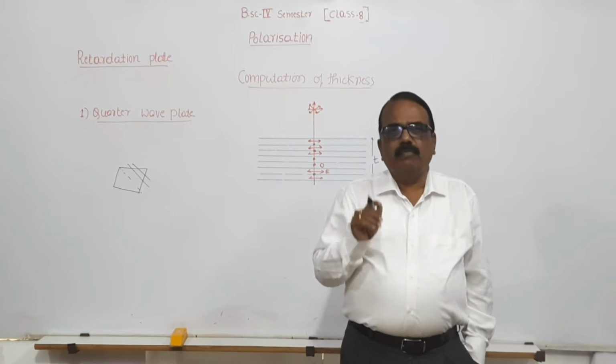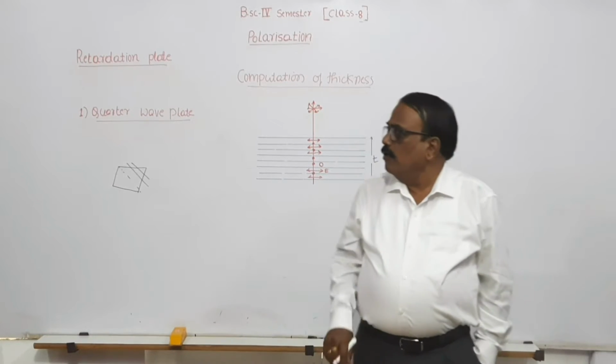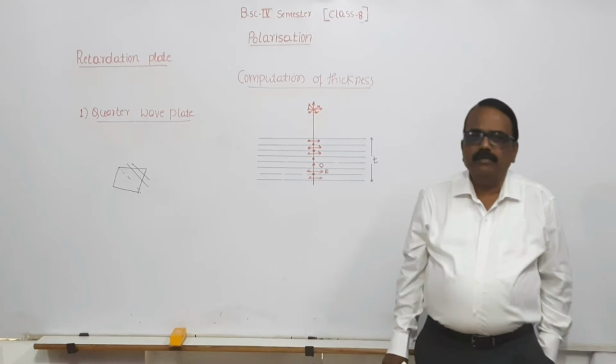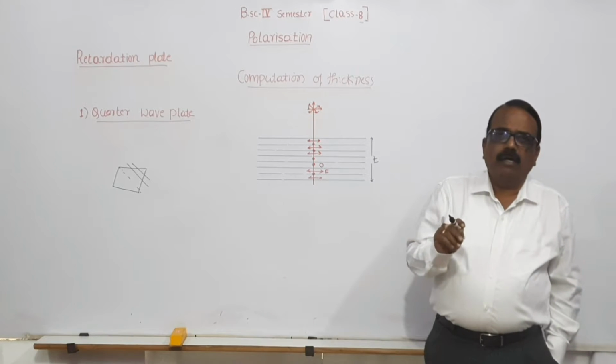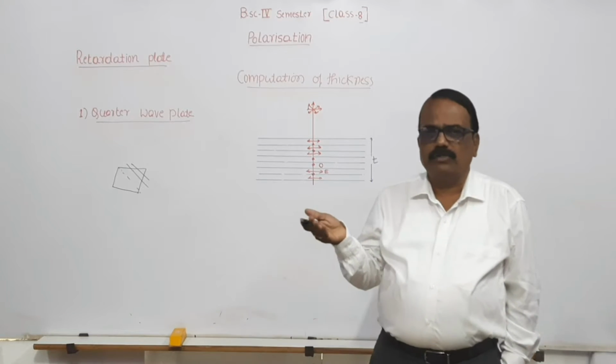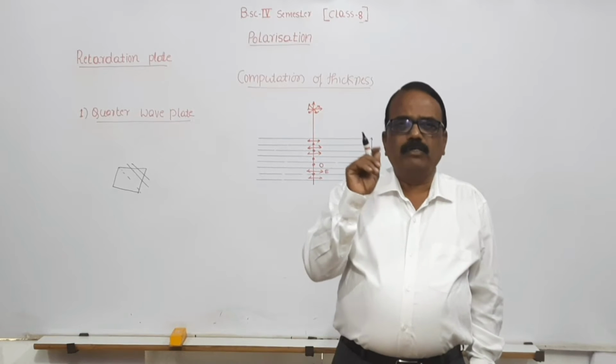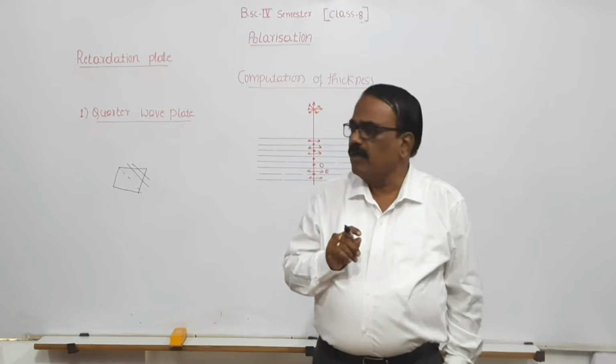Retardation plates are of two types: one is the quarter wave plate, another is the half wave plate. How much phase difference or path difference it produces depends on the thickness.